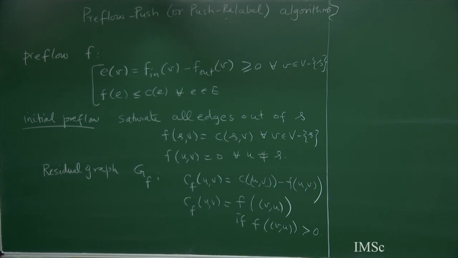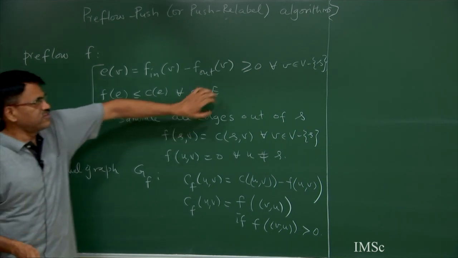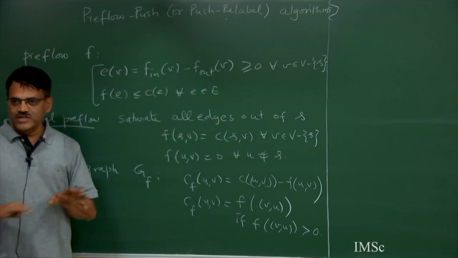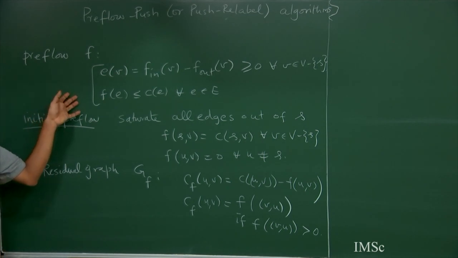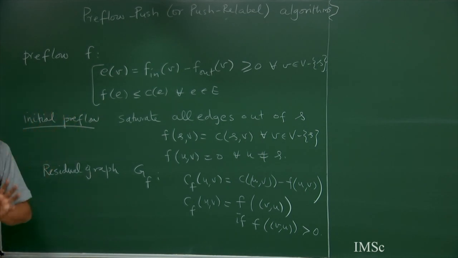But right now we don't have a flow because of this constraint. But we will always maintain that there is no ST path in the residual network, and we'll do some incremental operations, and when we reach a stage where the preflow becomes a flow, we stop because we know that we have a max flow, since there is no residual ST path.